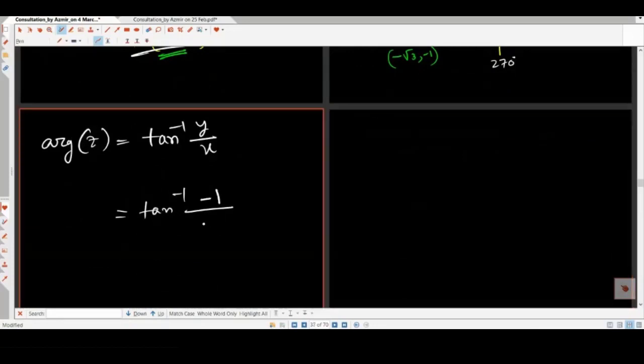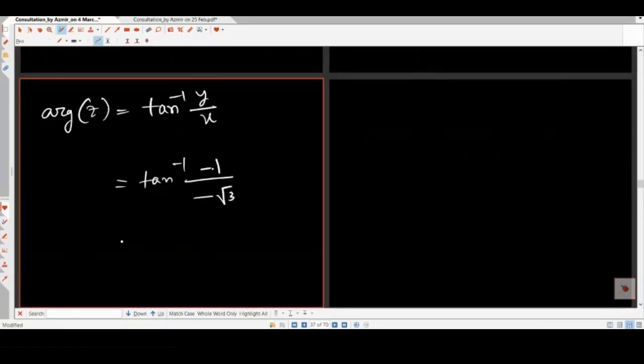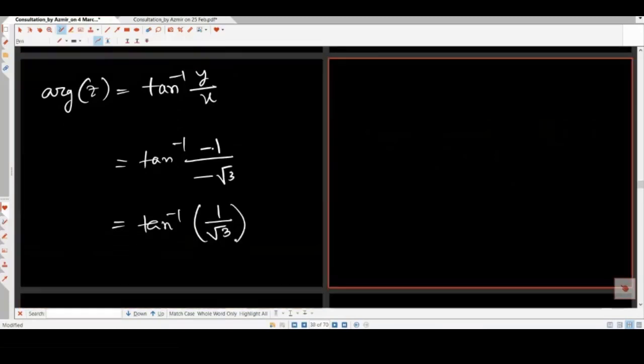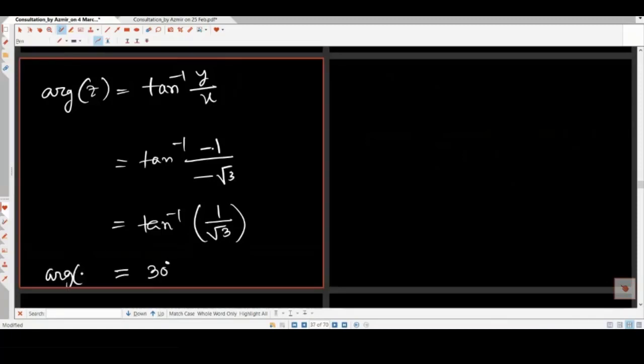So negative 1 over negative root 3. By simplifying, we get positive 1 over root 3. So tan inverse 1 over root 3 is actually 30 degrees. So this is 30 degrees. So we have found the argument of z.